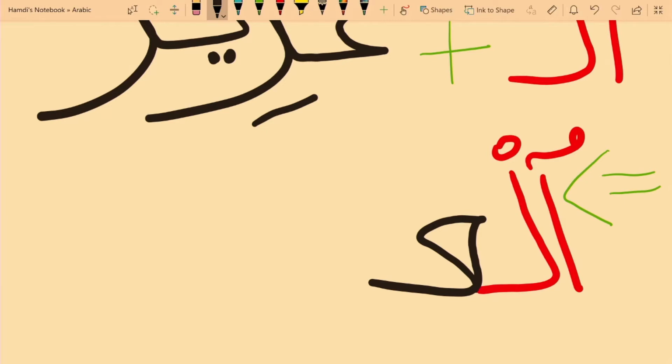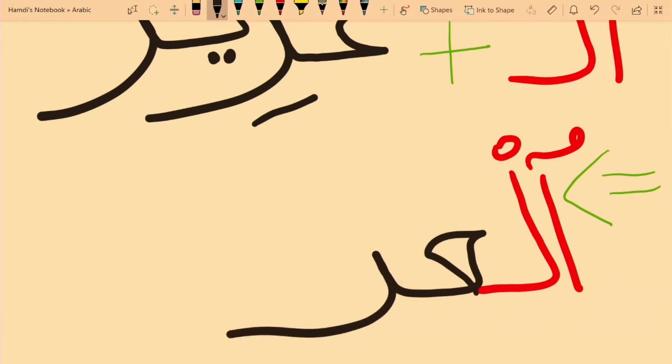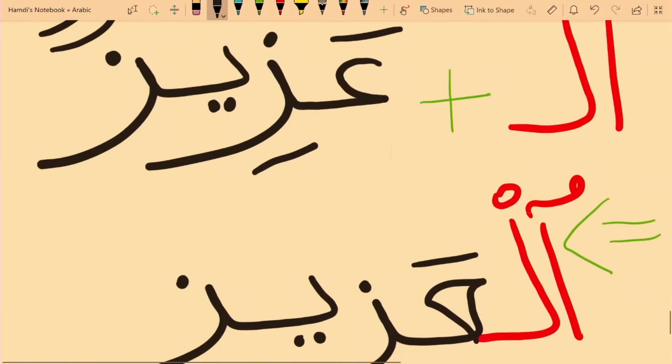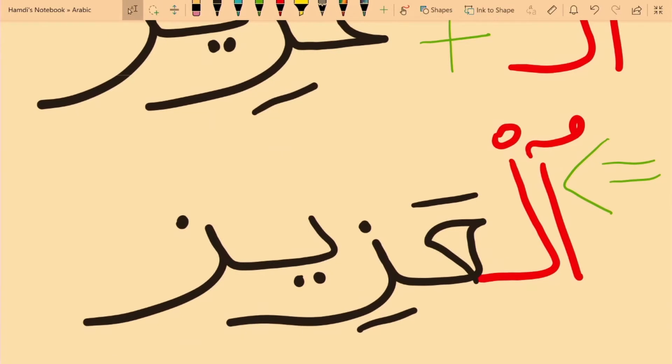The ayn changes its shape in the middle of the word. Al-Aziz. Said Azizun, that's Al-Aziz. Al-Azizu.